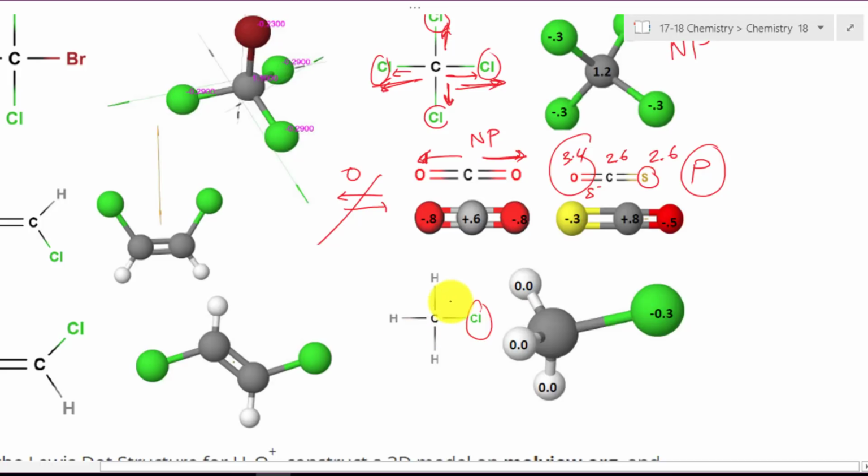So that's the reason why it's going to have a net dipole moment toward the chlorine, giving itself a partial delta negative, and this would be almost 0, because the difference between carbon and hydrogen is very little. And this shape, even though on the Lewis dot structure it looked very symmetrical, by just having one different atom, it is now asymmetrical. So therefore, this is actually a polar molecule.